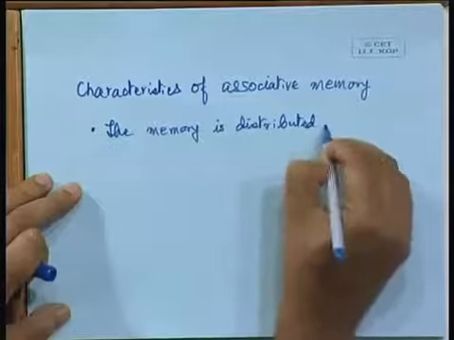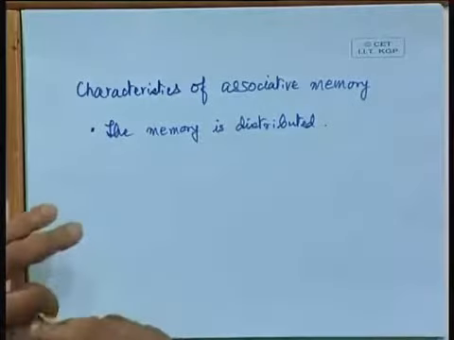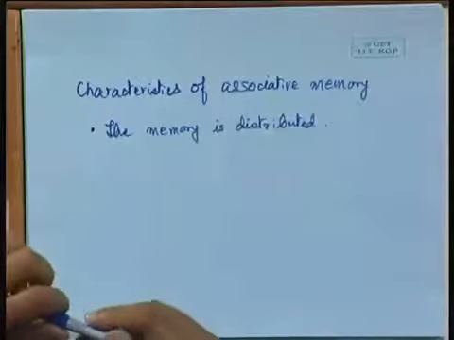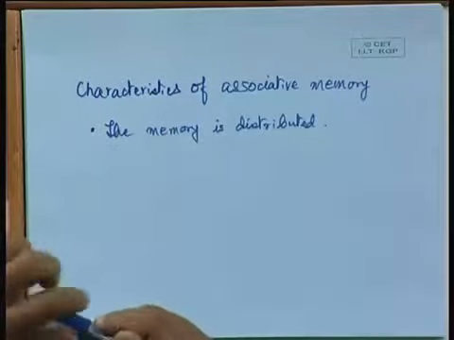Very simply, it does not lie in one particular location. All the memory locations are not lying in one particular place. They are distributed. Even in our brain, the neurons are distributed all over the brain, and this is highly distributed in nature.